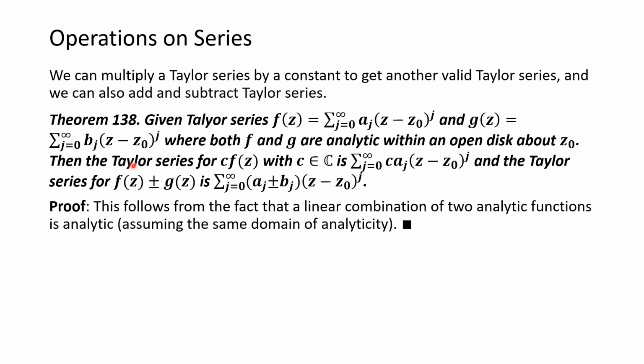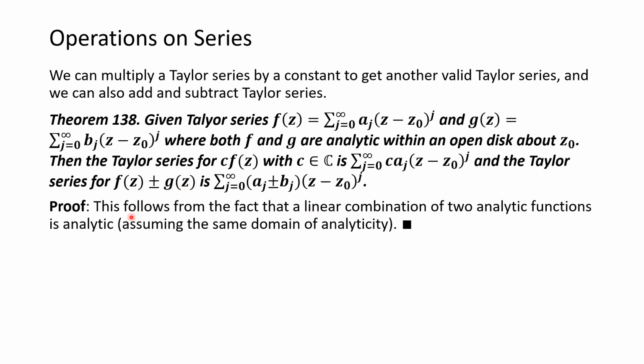So under those conditions, you can multiply by a constant, and you'll get a Taylor series for c times f of z. It's just a matter of multiplying the constant c inside of the summation. And then you can add or subtract them. So the Taylor series for f of z plus g of z is you just sum the coefficients, and if you want f of z minus g of z, then you would subtract the coefficients.